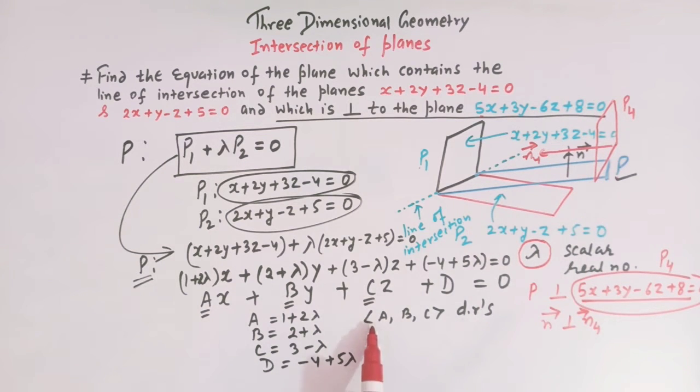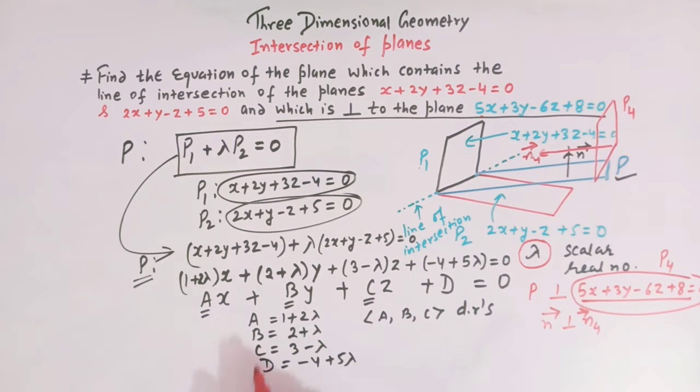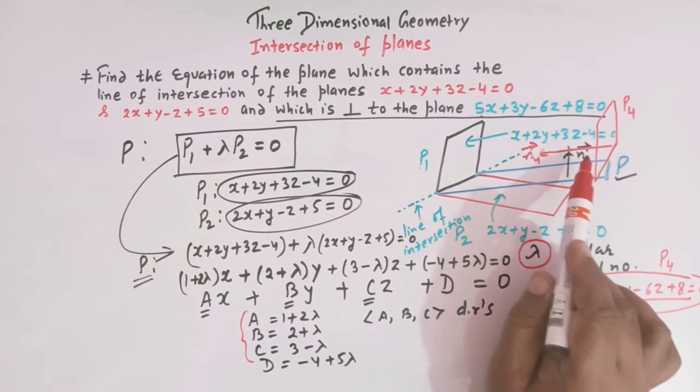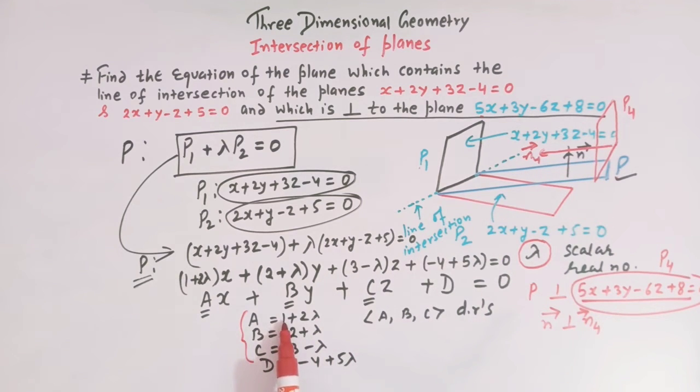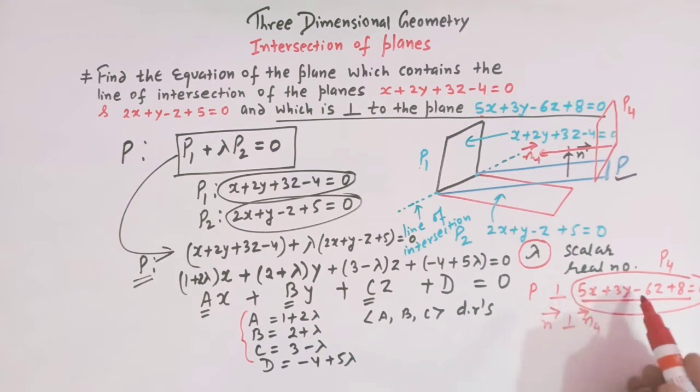And we have here seen that the direction ratios of the normal vector n are given by 1 plus 2 lambda, 2 plus lambda, and 3 minus lambda. And the direction ratios of this normal vector, that is n4, are given by the coefficients of x, y, and z, right?